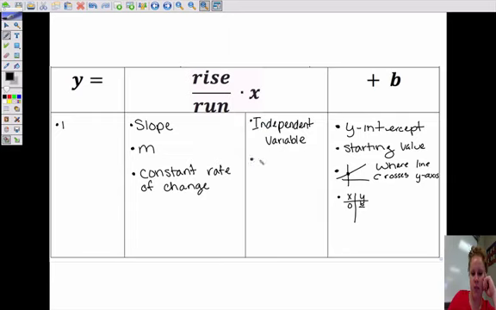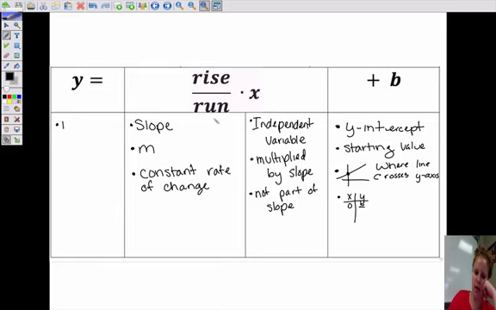It is multiplied by the slope, but it is not part of the slope. So it's not actually the slope. The slope is just the rise and the run. The x is its own variable. Okay, so if x were 2, we take 2 times whatever the slope is.